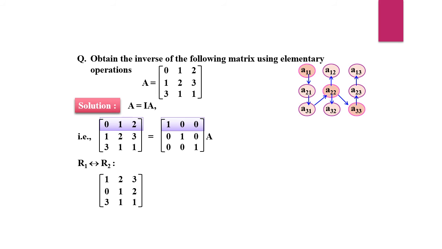R3 stays 3 1 1. We apply the same procedure on the LHS, that is, the elements of R1 and R2 are getting interchanged. So the element A11 is reduced into 1.